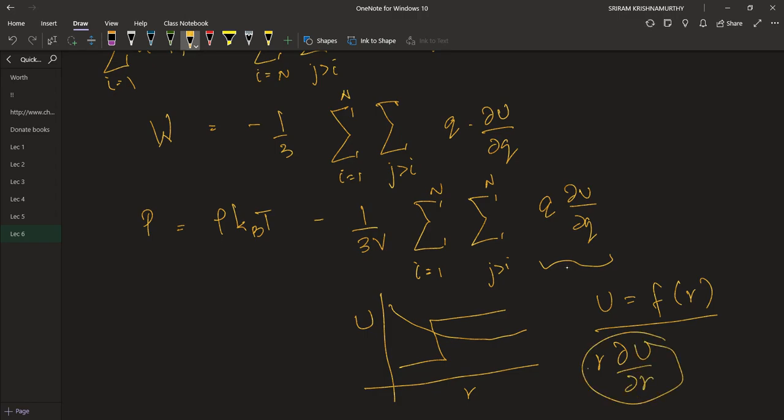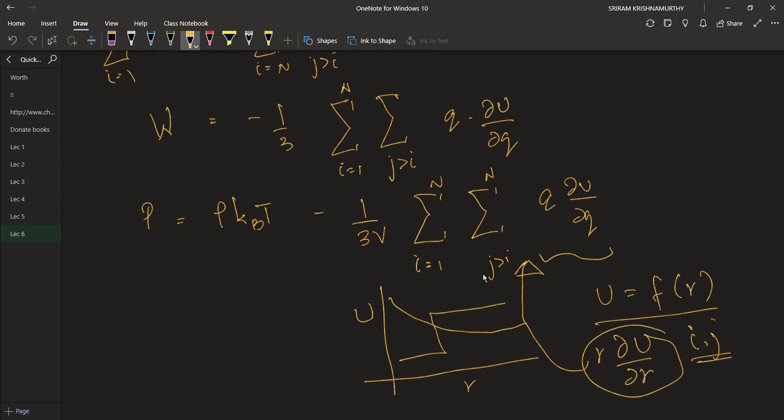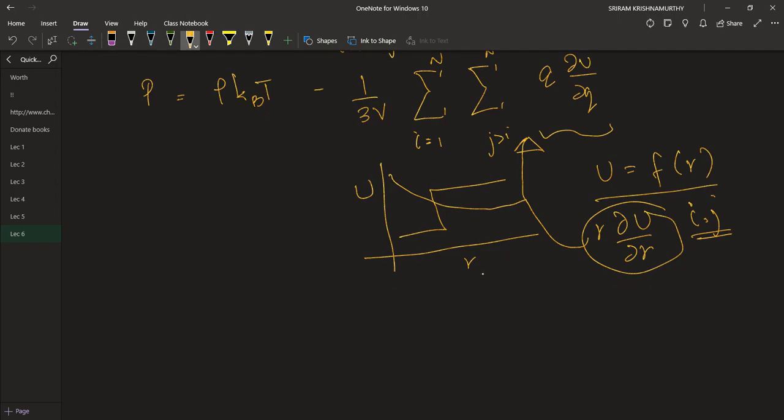Okay, and this quantity we can plug in here for all the particle pairs, ij pairs. Okay, and then this whole thing will lead us to the excess pressure, pxs.